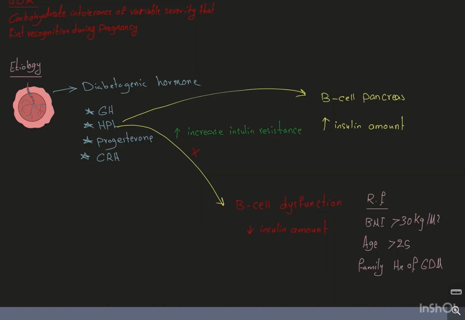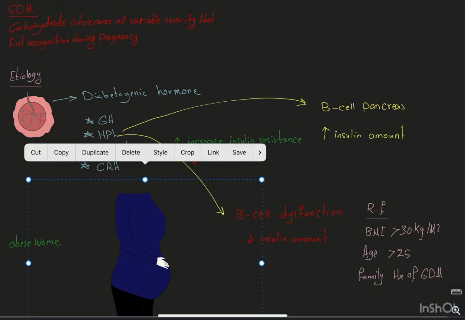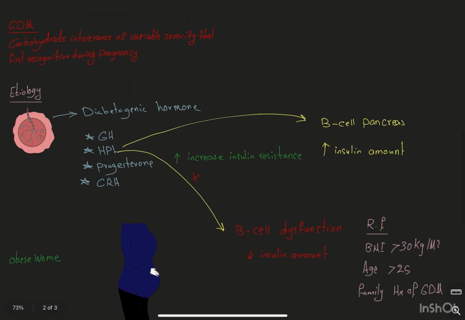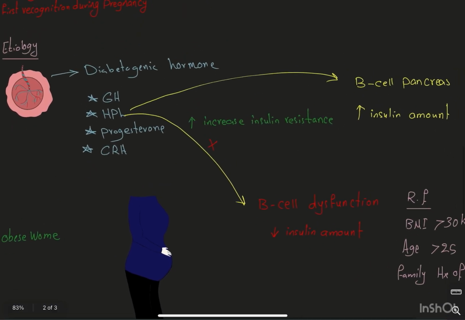Another mechanism that could lead to gestational DM is obesity by itself, not leading to pancreas dysfunction. So let's draw an obese woman. This is a simple drawing of an obese woman that we will explain through. When free fatty acids accumulate in the bloodstream, they will enter the muscle cell and the liver cell. When free fatty acids enter the muscle cell, they will disrupt the signaling inside the cell.